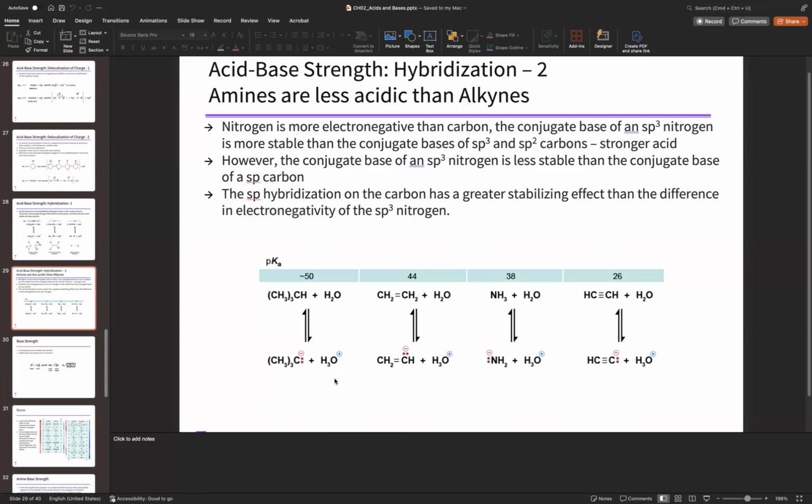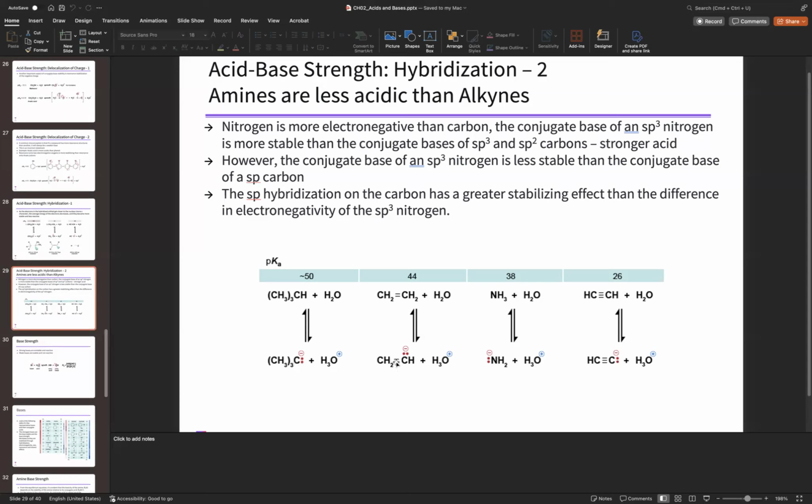Here there is one last one. This is hybridization again. So here we have sp2 hybridization, sp hybridization, and sp3 hybridization.